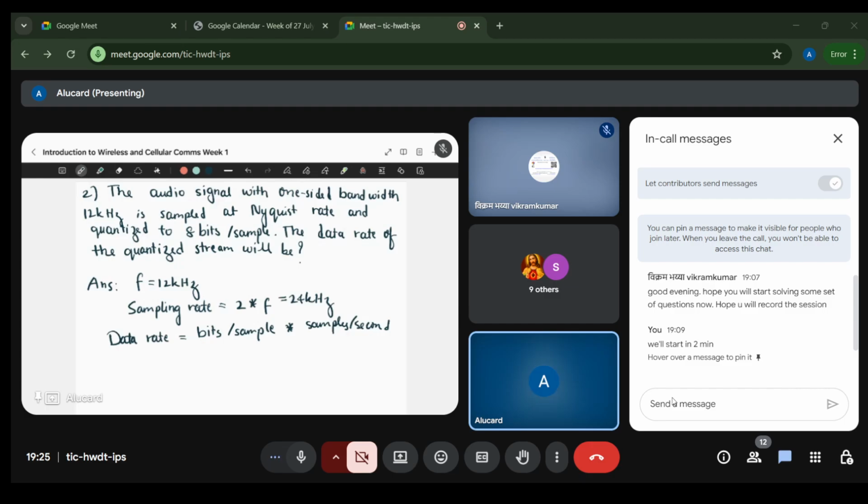So here sampling rate is actually measured in samples per second, but you usually don't write samples per second. We just write hertz sometimes. But actually, it's samples per second. Bits per sample is 8. Samples per second is 24 kilohertz.